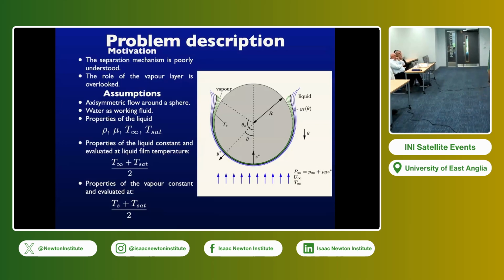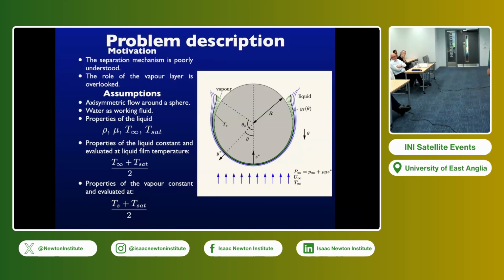We have a sphere of radius r at a constant temperature T sub s. The sphere is stagnant, and we have a free stream of liquid. The velocity of the free stream is u infinity, the temperature is T infinity, and this is the reduced pressure here at the forward stagnation point, and how it evolves with this vertical current.